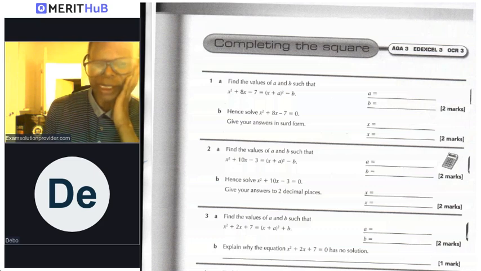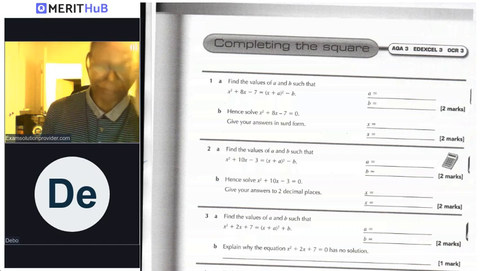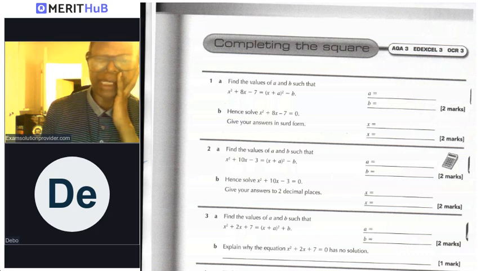So what you need to do is find half of the coefficient of x. What they want you to do is to find A and find B. They say to complete the square, so it should be in this form. Half of the coefficient of x is going to be 4, so this is going to be x plus 4, squared.